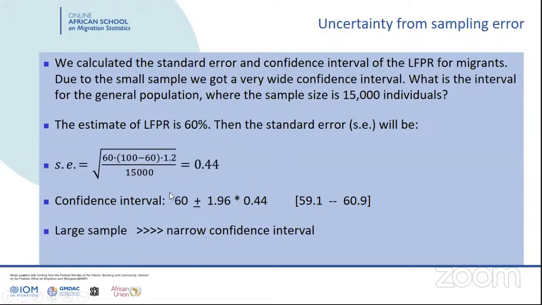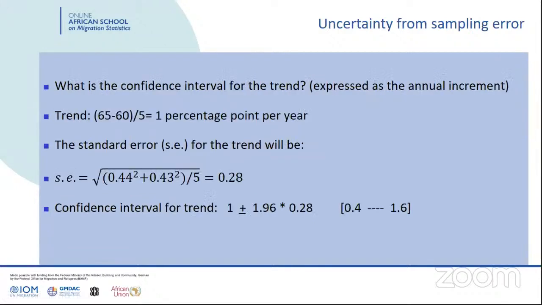And of course, we get quite a different confidence interval, from 59.1 to 60.9. So this is a very narrow confidence interval. And in this case, we are much better off, of course, when we use these estimates. And we are much better off when we estimate the trend.